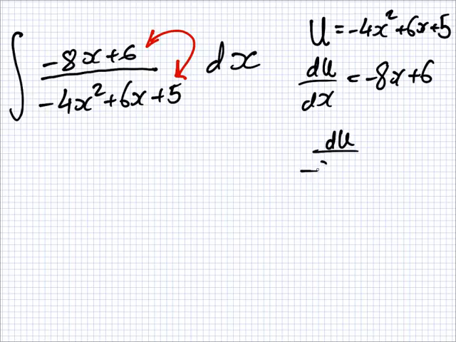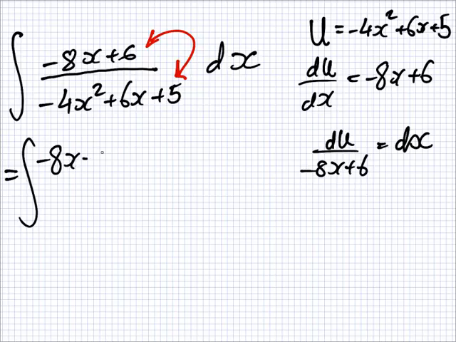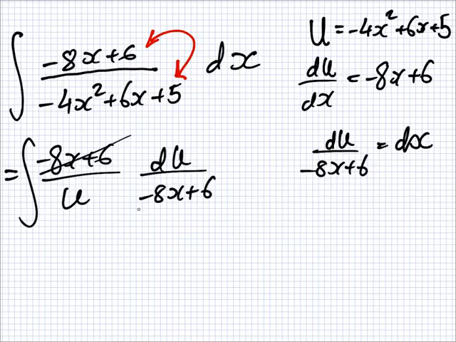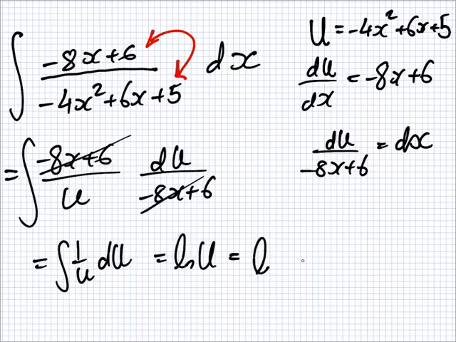So du over minus 8x plus 6 equals dx. So we can go back here and change this into minus 8x plus 6 over u, times du over minus 8x plus 6. Cancel, cancel, and you're left with 1 over u du, which equals log u, which equals log of minus 4x squared plus 6x plus 5, plus c.